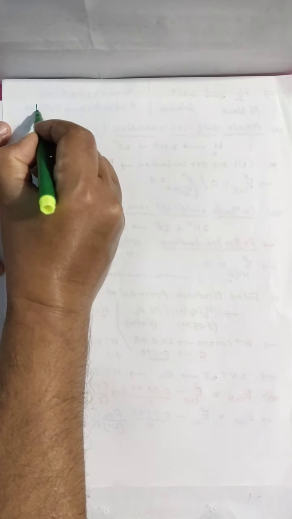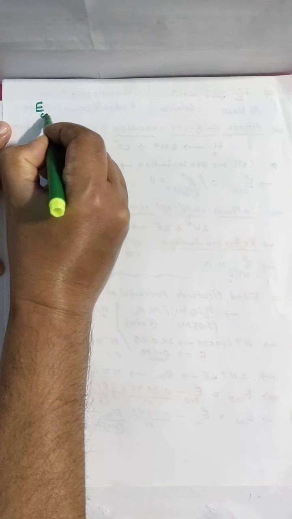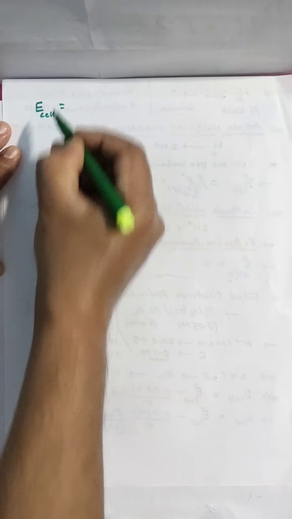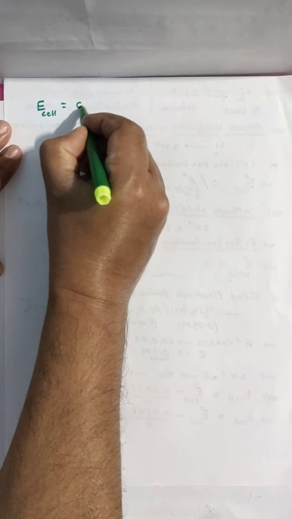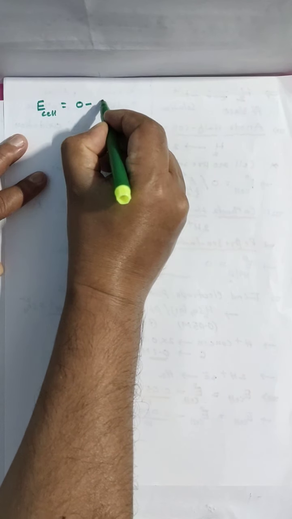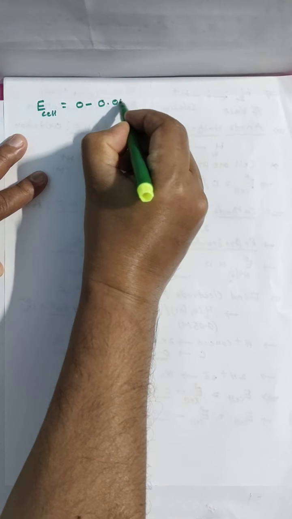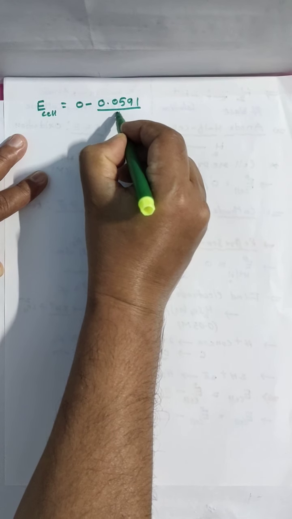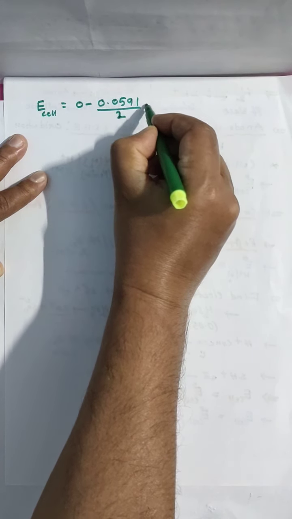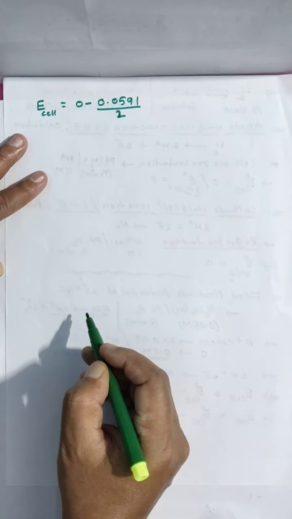I will substitute this. E cell equals E naught cell. E naught cell for hydrogen is always 0. 0 minus 0.0591 upon n value 2, which we got already.